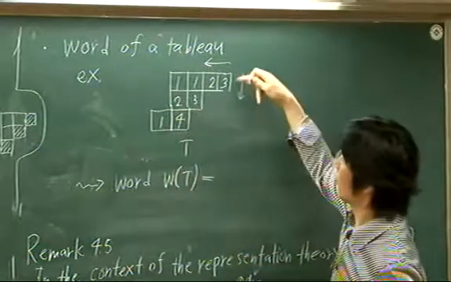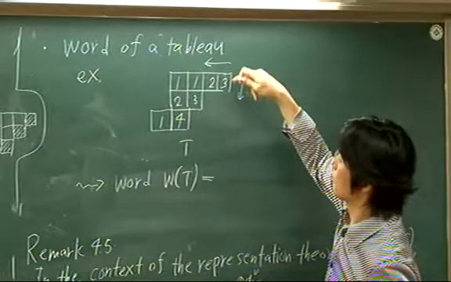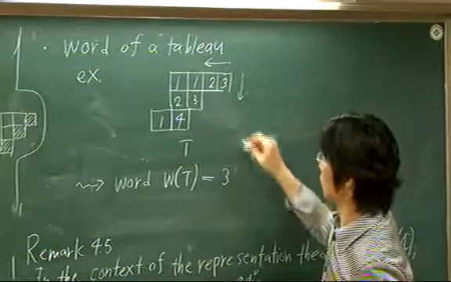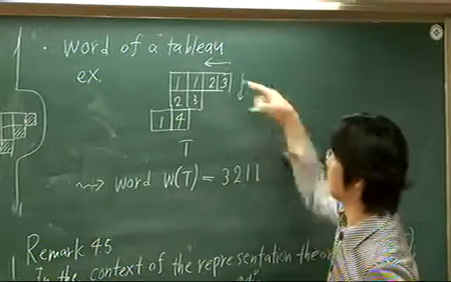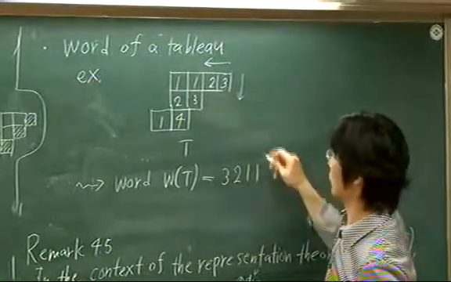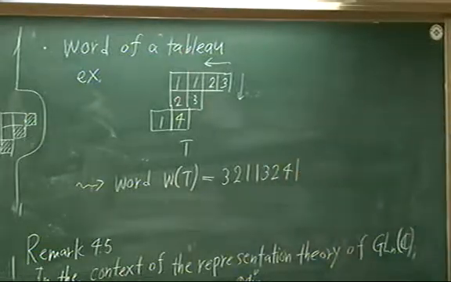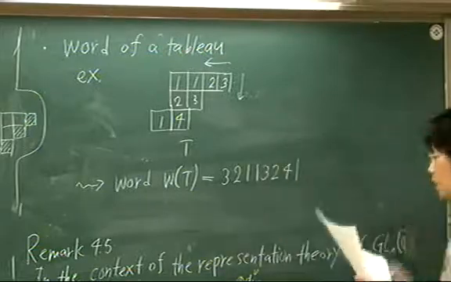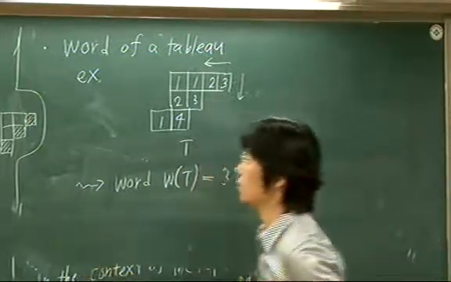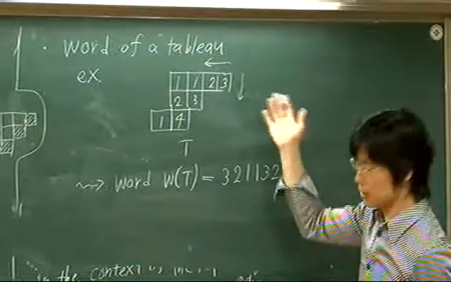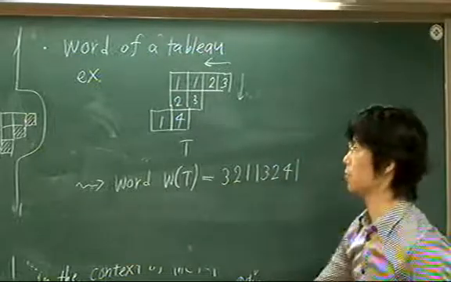In this case, we start 3, 3, 2, 1, 1. Next row 3, 2, 4, 1. In this way, given a tableau T, we derive a word w(T).